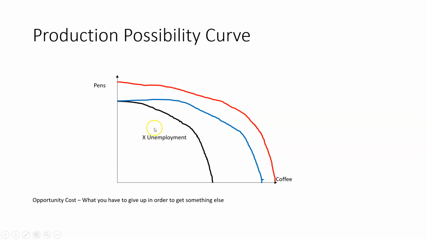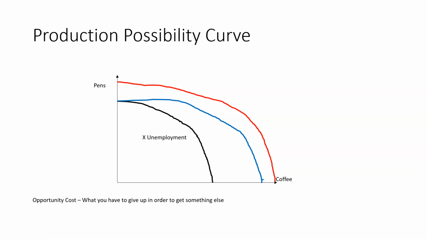Right? Now, unemployment's a difficult thing because there are times when we don't want to use all of our resources. If we were at this X that I'm showing you here, that's a lot of resources not being used, and that's probably not good. If we were closer to the curve, maybe up here, maybe we could understand giving up some things in order to squirrel some resources away for the future.